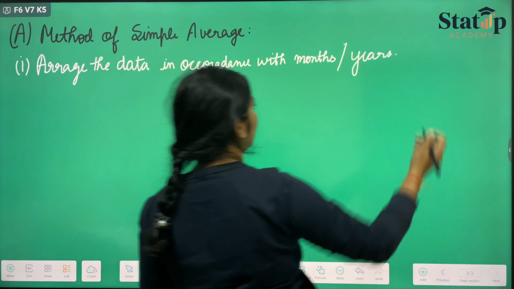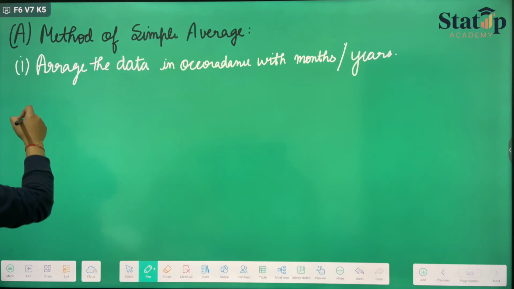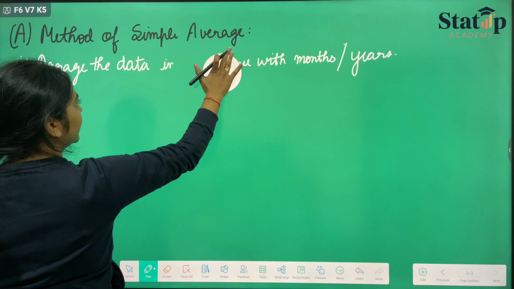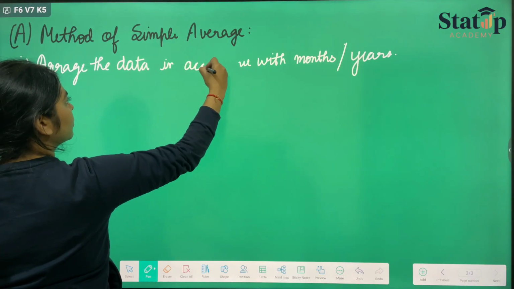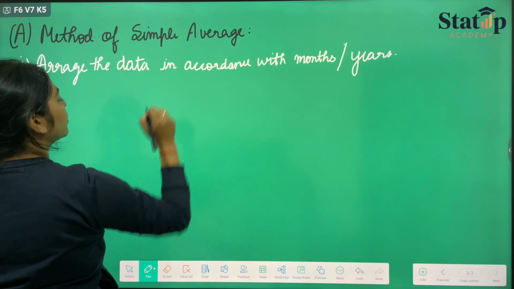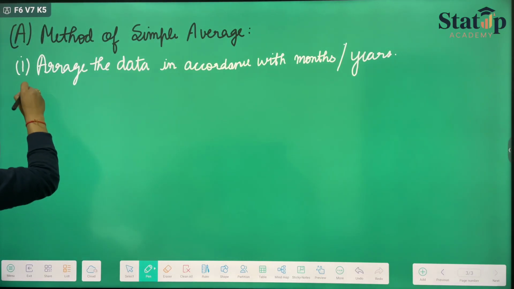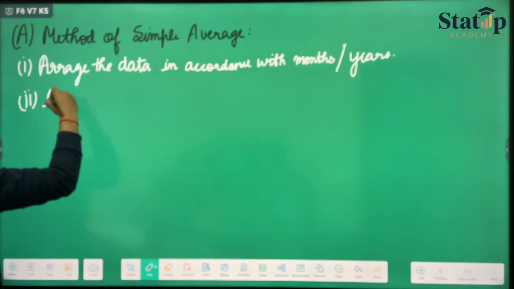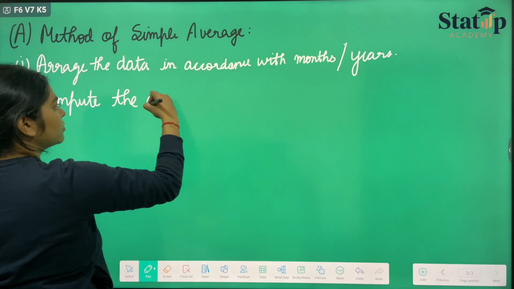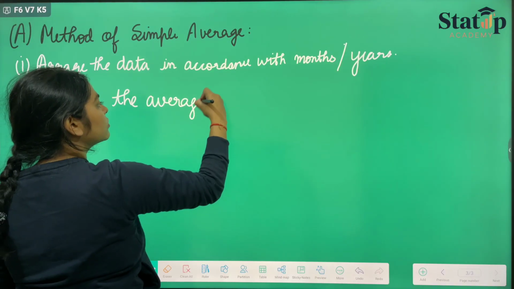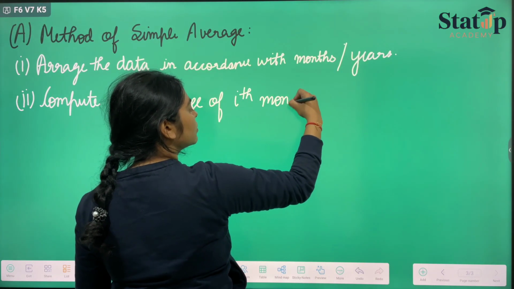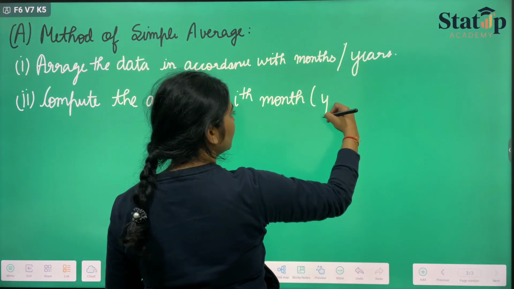First of all, we'll arrange the data in accordance with the month or year. Then, second, compute the average of the ith month or year, whatever you have.